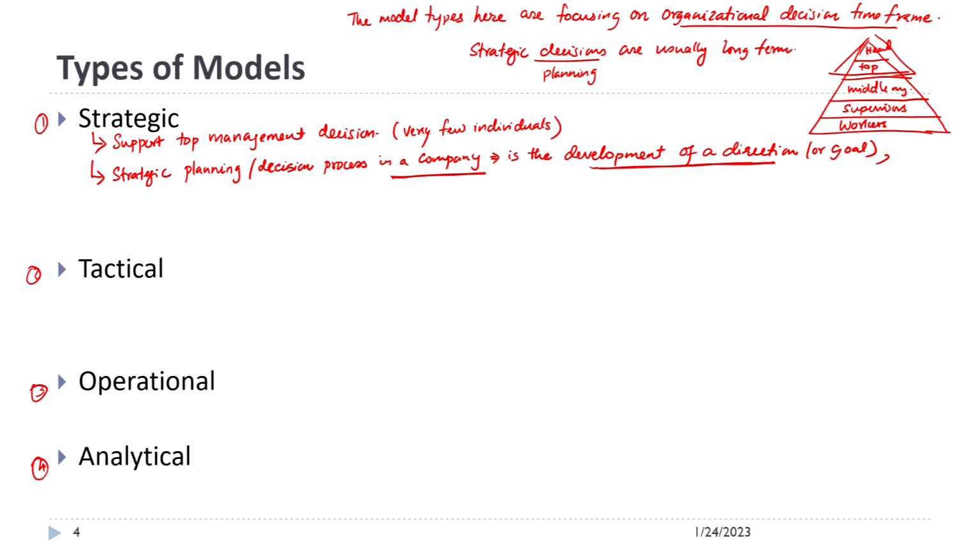Then decisions are taken about which direction, and resources are allocated to achieve the goal.